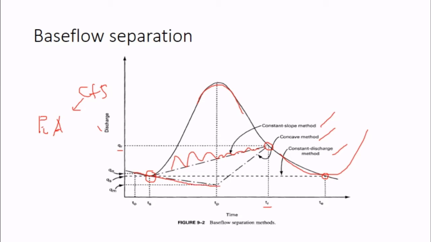Then, i-project mo yung from the peak or the highest point, project mo downward vertically para ma-meet niya yung line na ito. Then, from this point, sa intersection ng dalawang lines, you draw another line from here hanggang sa inflection point. And then, yan ngayon yung boundary nung base flow at saka nung direct runoff.